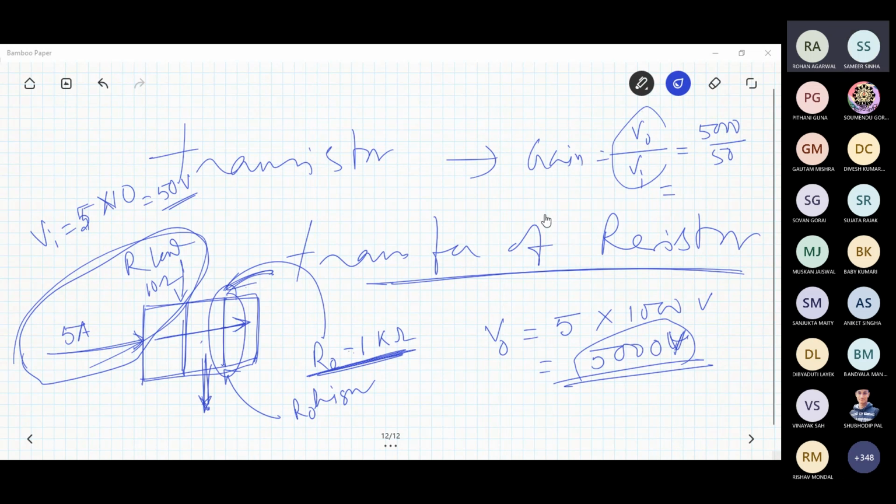Keshav Kumar, I am marking your roll number. Why have you turned it on? What's your roll number? 10109. Okay.